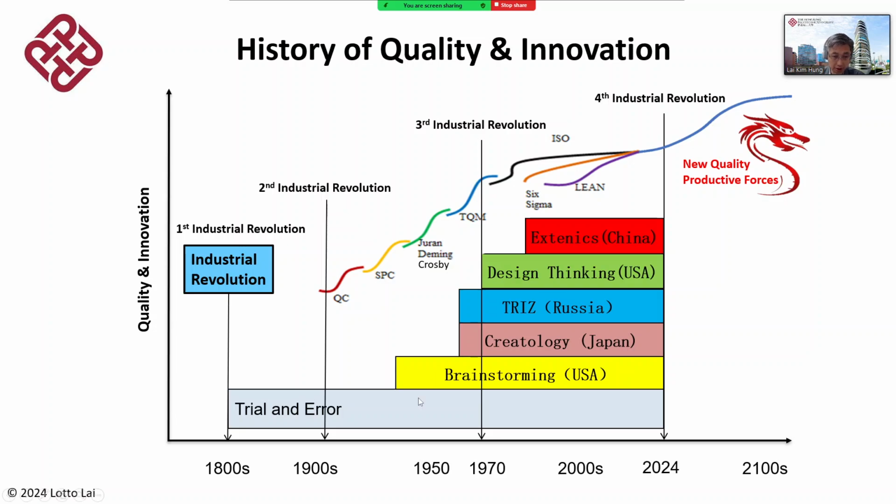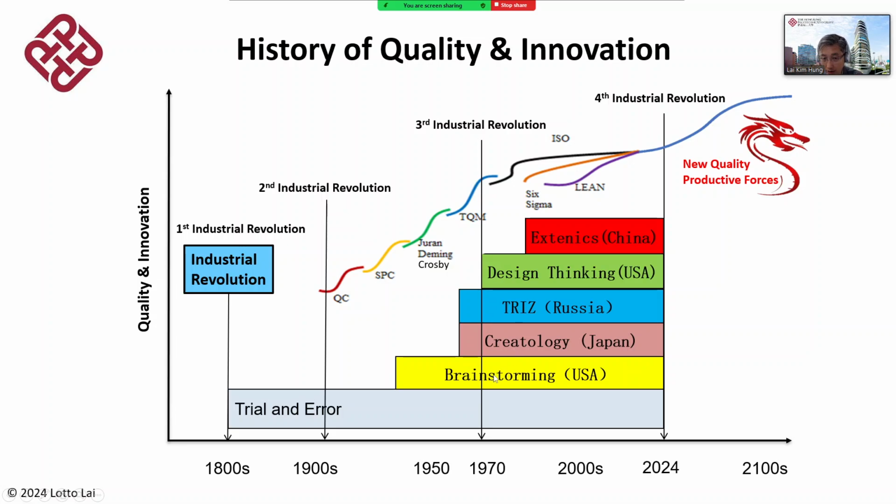You can see the innovation tools. We have always used trial and error since the first industrial revolution, and then between the second and third industrial revolutions, we used brainstorming.